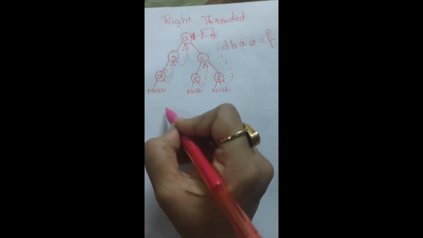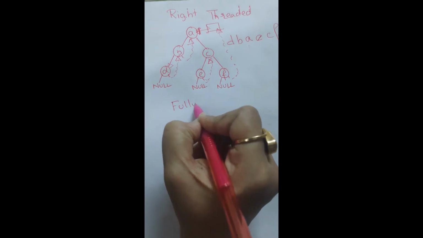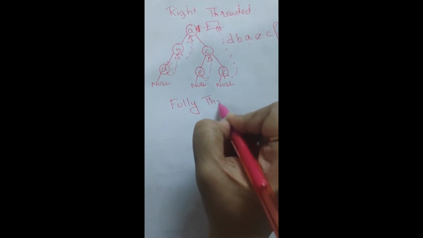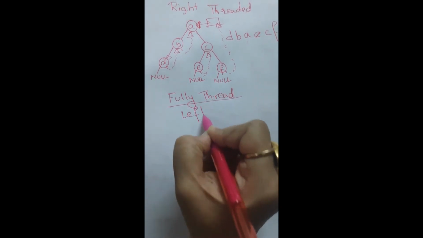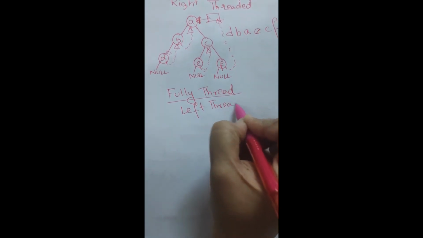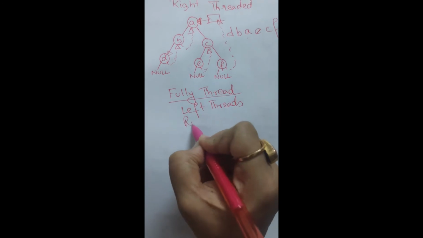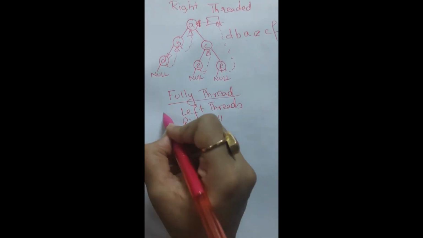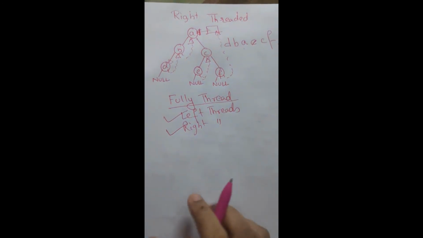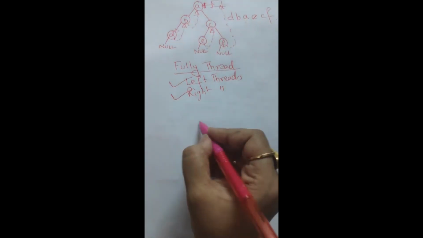Now coming to the fully threaded binary tree. Fully threaded means it would have left threads as well as right threads. Both left and the right threads will be present in a fully threaded binary tree.